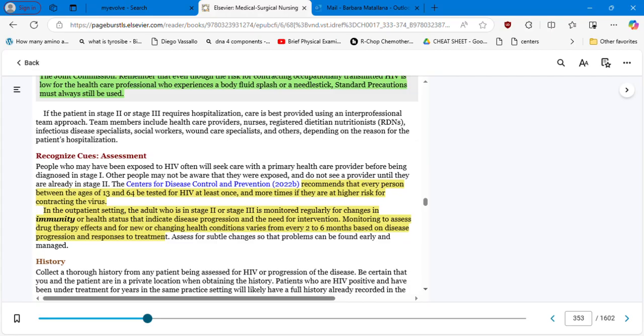This is HIV. It is very important. This is a condition that almost 1.5 million people are being treated for in the United States, and there is a high percentage of individuals who don't know they have the condition.